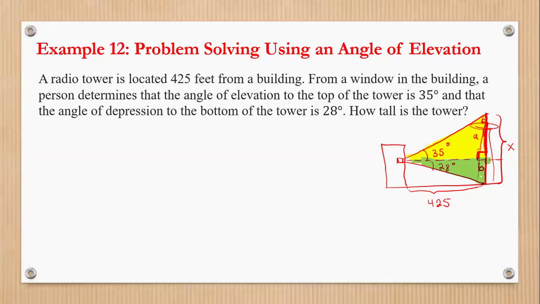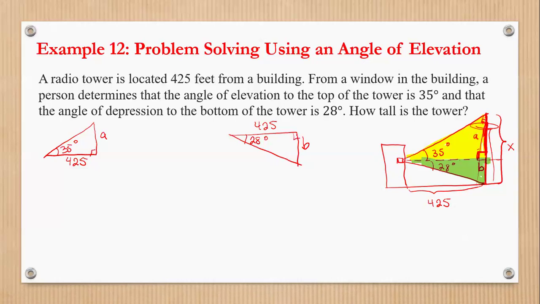So one right triangle has A, a 35 degree angle, and this length is 425. I'm going to find A from this. The other right triangle has this side 425, this side B, and this angle 28, and I want to find B from this triangle.